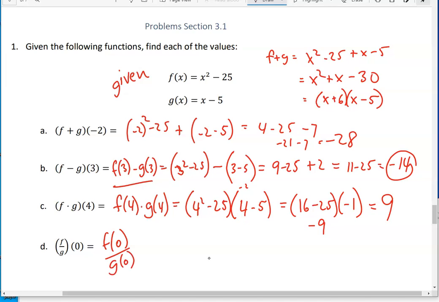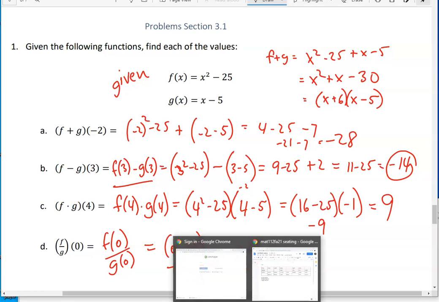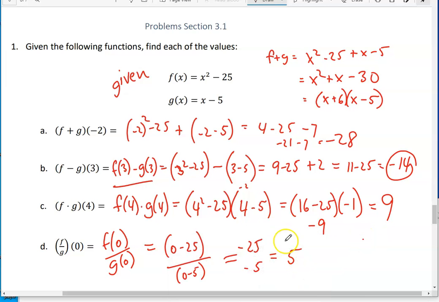Well, f of 0 is 0 minus 25, negative 25, and g of 0 is 0 minus 5, or negative 5, equals 5. They gave me an easy x to calculate.